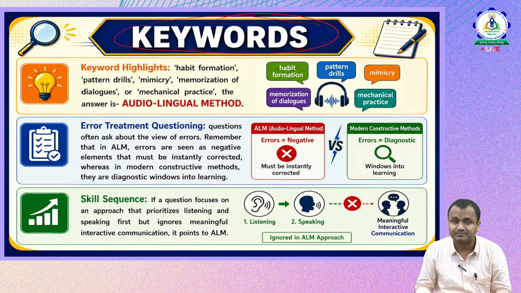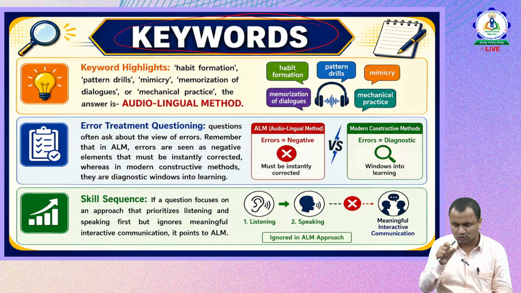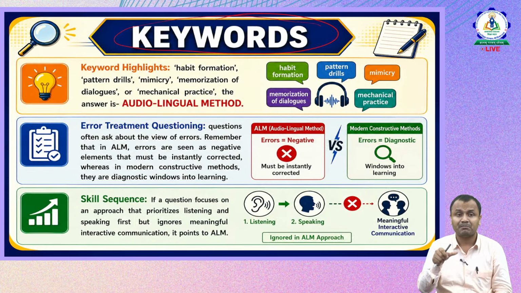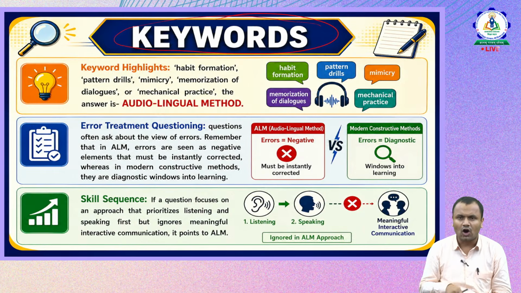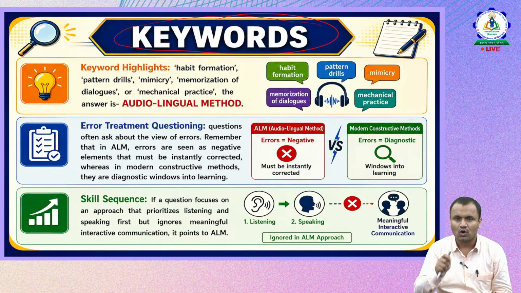Those keywords are: say your sentence goes up to 2-3 lines, but you find the gist of those lines is habit formation, or pattern drills, or mimicry, or memorization of dialogues, or mechanical practice, practice like a robot. These all give you the hint that the question is talking about the audio-lingual method.